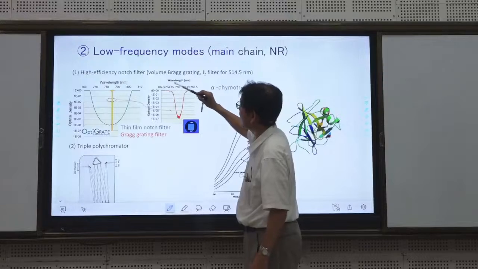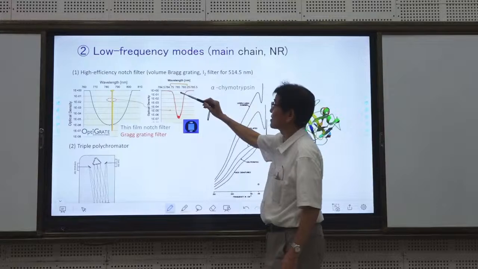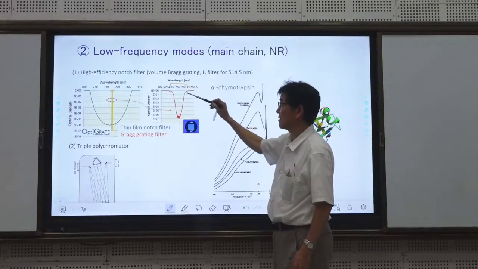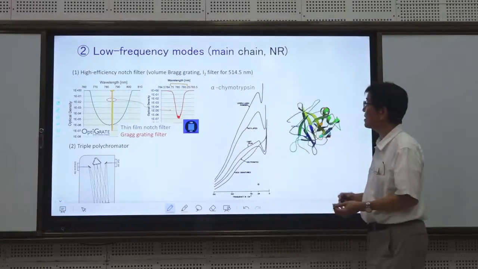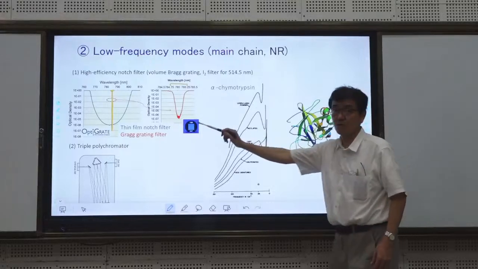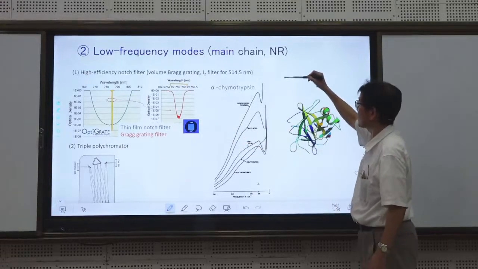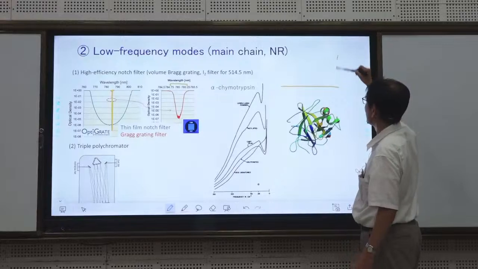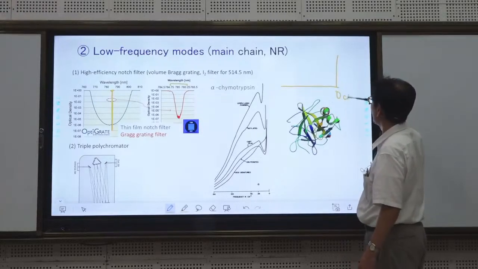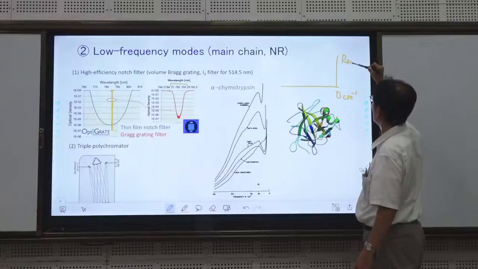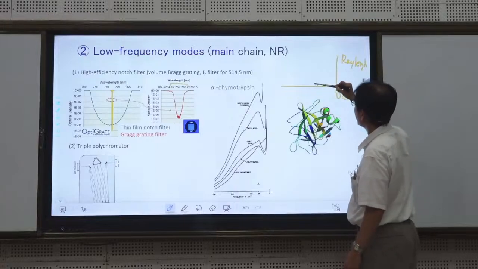So the width is very narrow, plus minus 0.25 nanometer. This is convenient to focus on the region near the Rayleigh line.